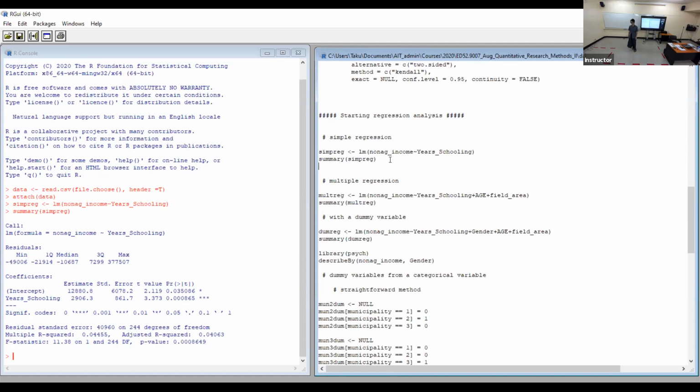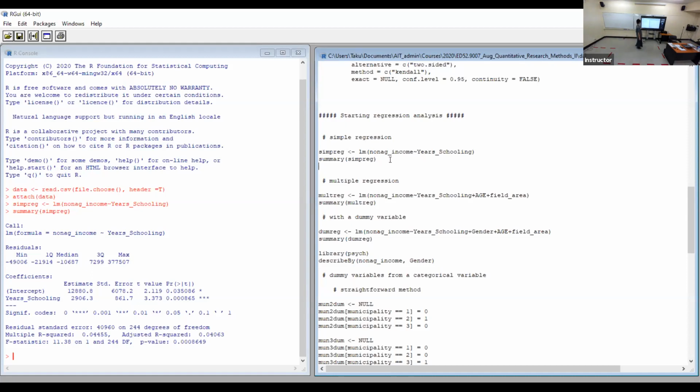The meaning of significant is that the estimated coefficient is real. That's the meaning of significance: the p-value being small means the result is significant, which means the coefficient is different from 0.